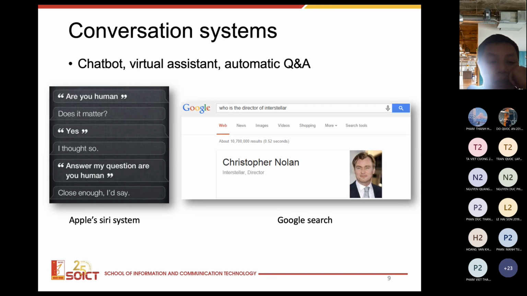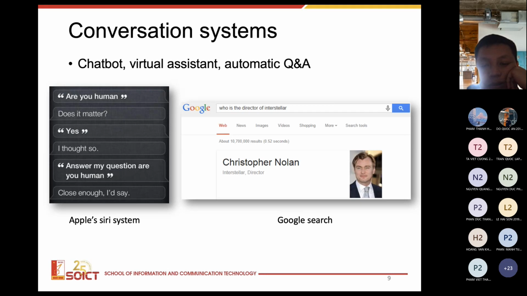And you can use this, for example, to ask some question about basic knowledge that we can find on the internet, or you can ask Siri to schedule something for you, to call somebody or to send some message to somebody, right?